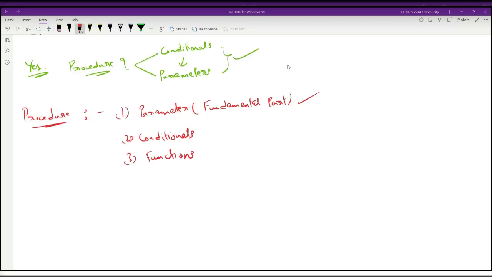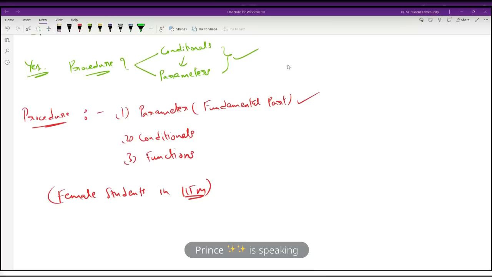Now let's take up what the parameter stands for. Let us say you would like to find the number of female students in IIT Madras. In this particular sentence, what can be used as a parameter to get the required result? The female, like gender.